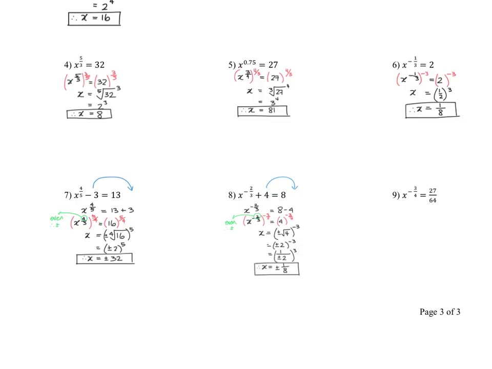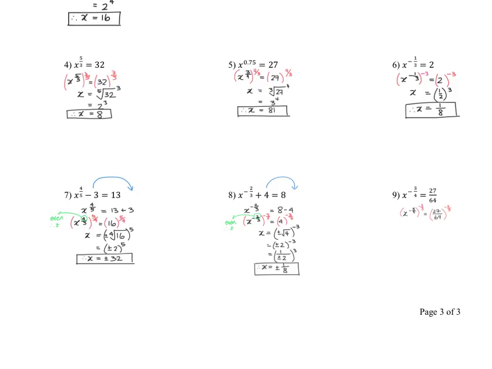Okay. All right, last example here. We have x to the negative 3 over 4 equals 27 over 64. We are going to raise both sides to the exponent of negative 4 over 3.